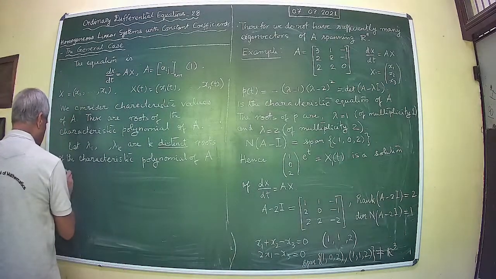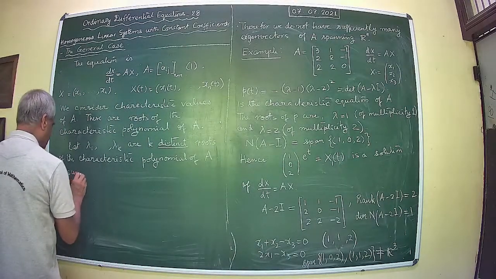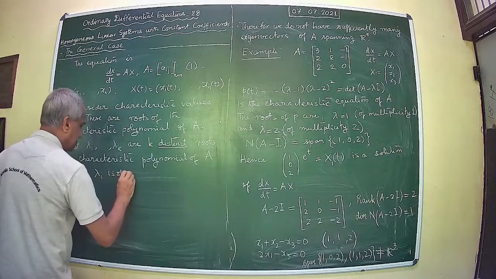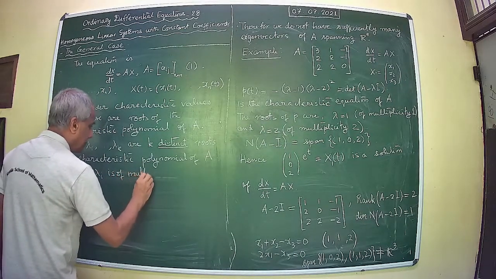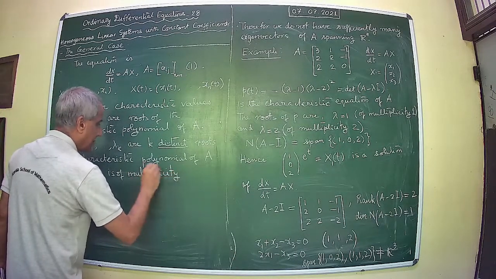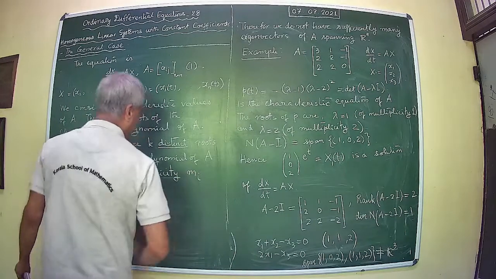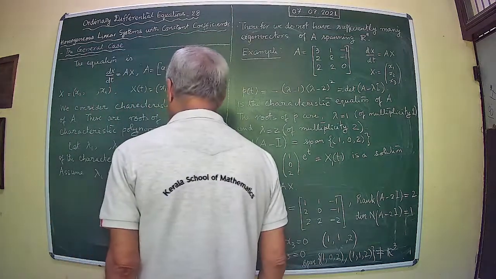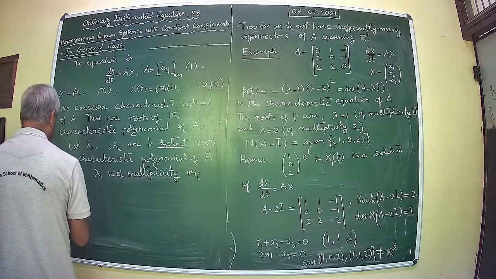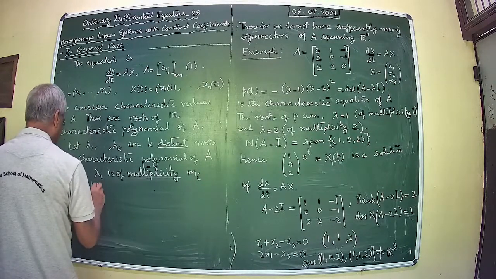Assume lambda i is of multiplicity mi, for i equal to 1 to k.